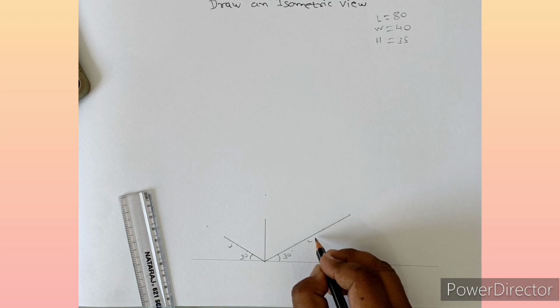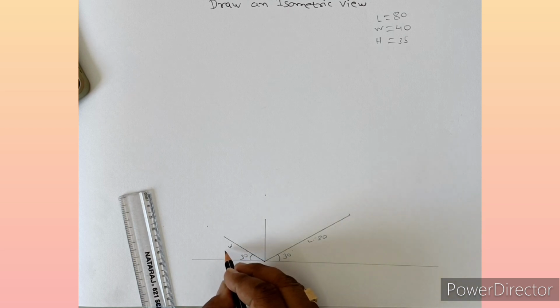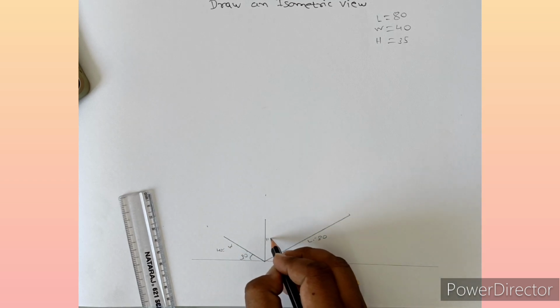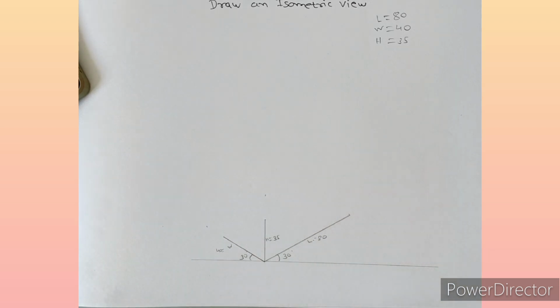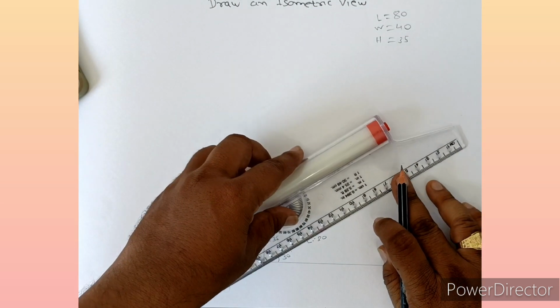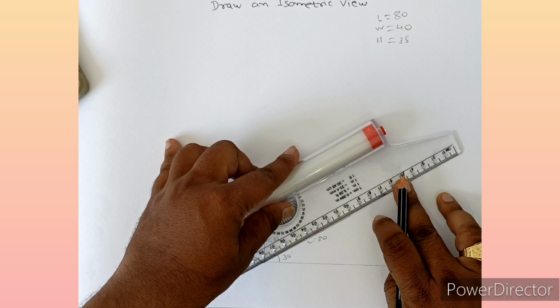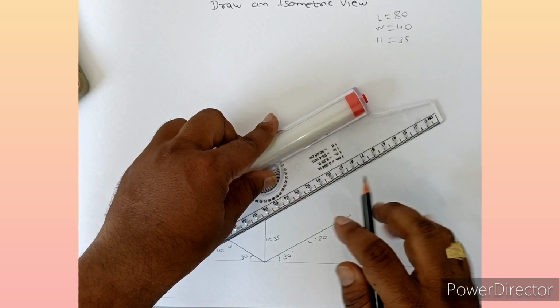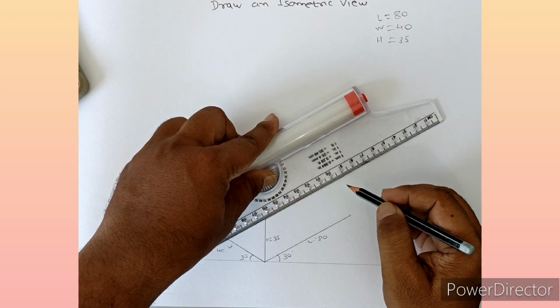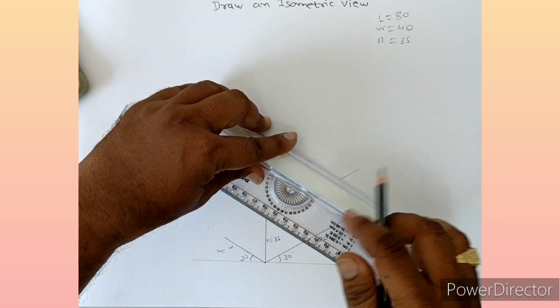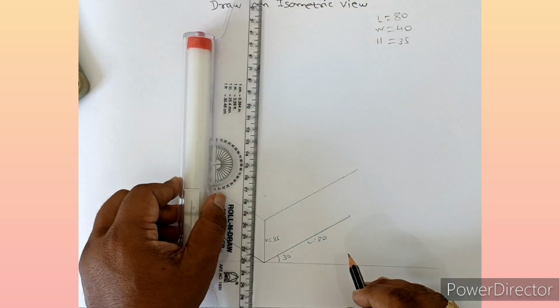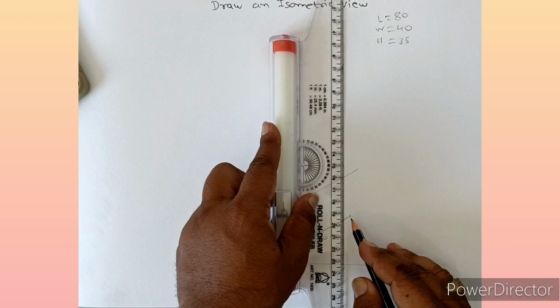Okay, length is what student? 80, width is what? 40 and height is what? 35. I hope all of you clear this thing. Now students, you have to draw a parallel line. Okay, and vertical line you have to draw.